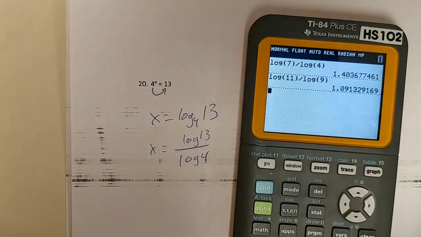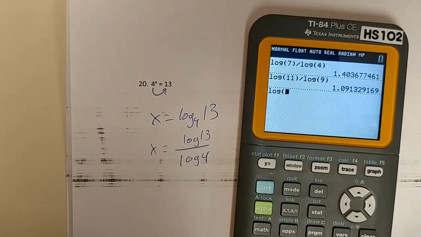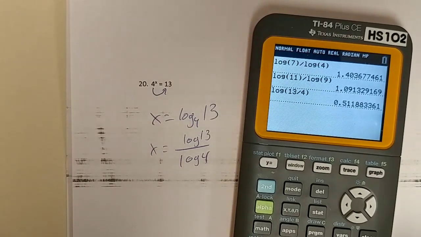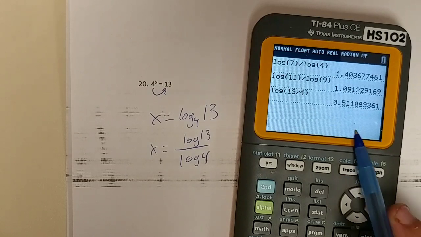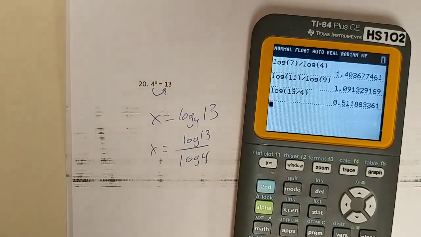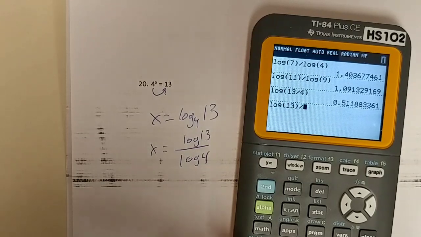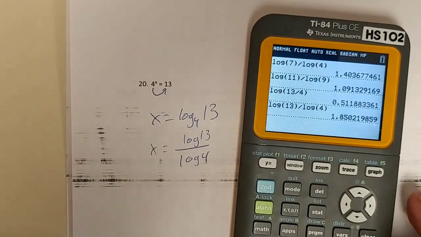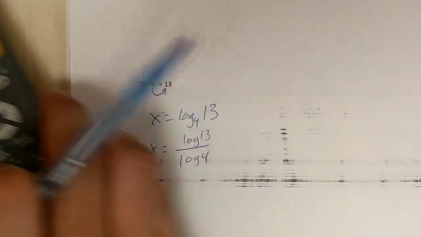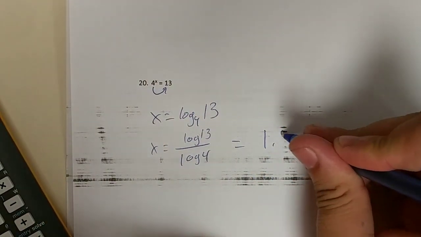Very important, please do not type in log of 13 divided by 4. You will get it wrong. And trust me, if it's a multiple choice question, I'll put that fake answer in. So log of 13 divided by log of 4 equals 1.85.